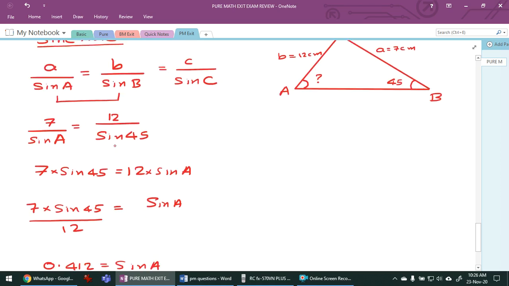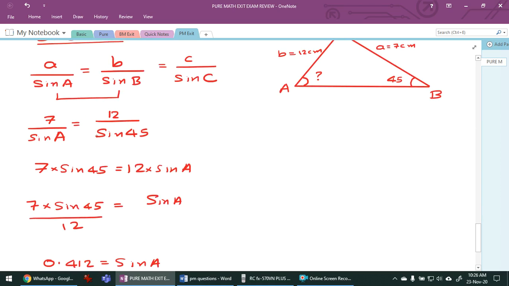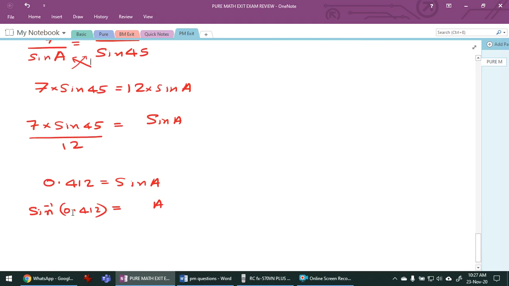Now we will cross multiply. So 7 into sine 45 equals 12 into sine A. Now 12 will come down. So 7 into sine 45 divided by 12 equals sine capital A. Now this value is from the calculator.